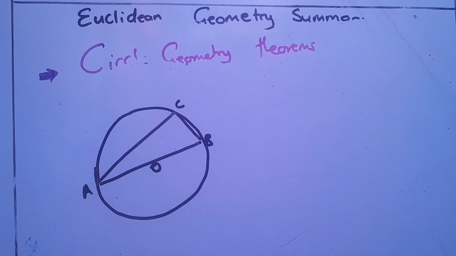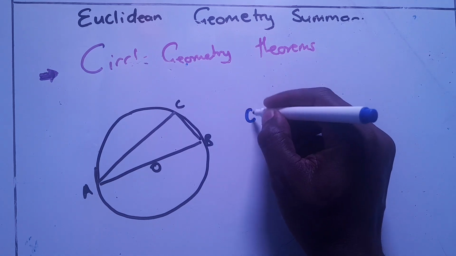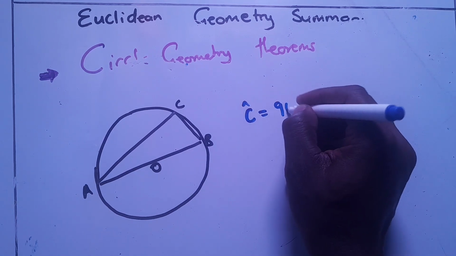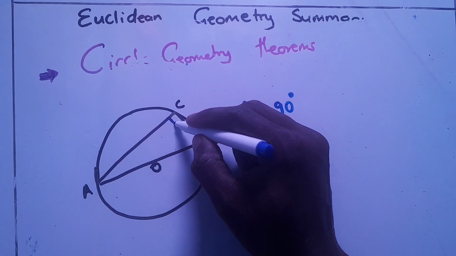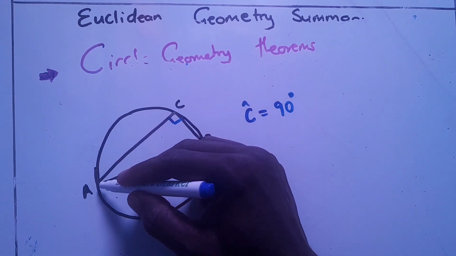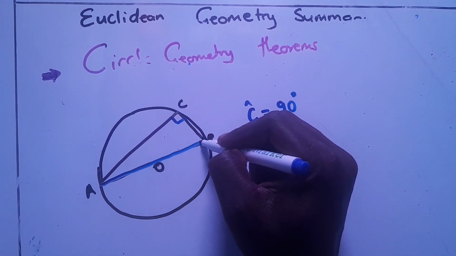And now if we have AB as our diameter with C inside, we can say our angle C now becomes 90 degrees. This angle becomes 90 degrees because it was subtended by a diameter, right?